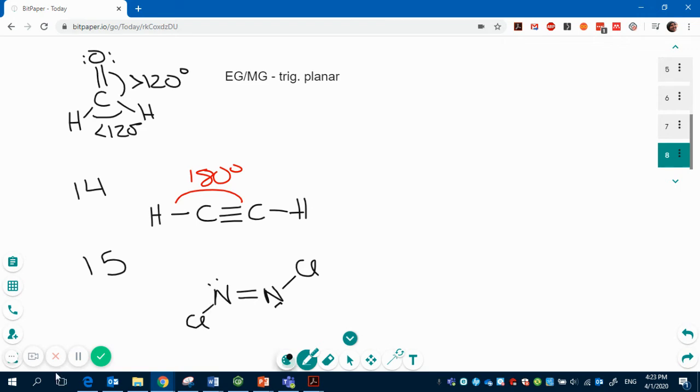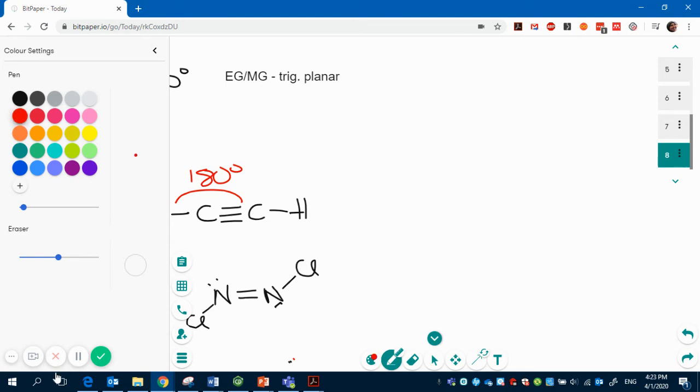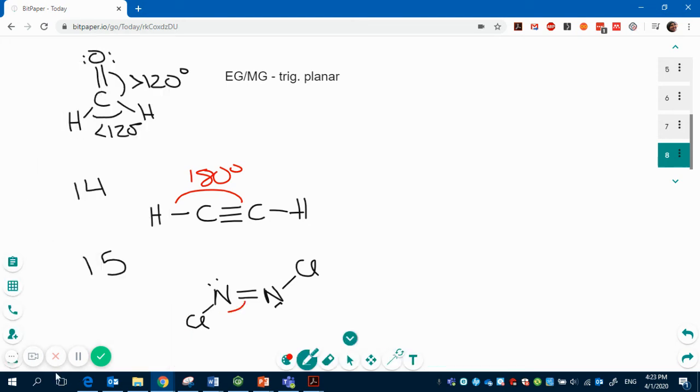Question is, why is this bond angle about 117 degrees? Well, the reason is that, remember, lone pairs repel more than bonding pairs. So the lone pair squeezes the other two bonding pairs toward each other. And that's really it. That's the whole reason.